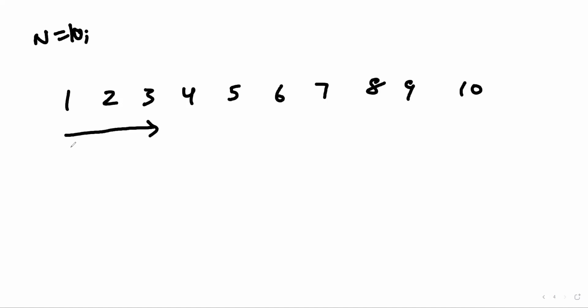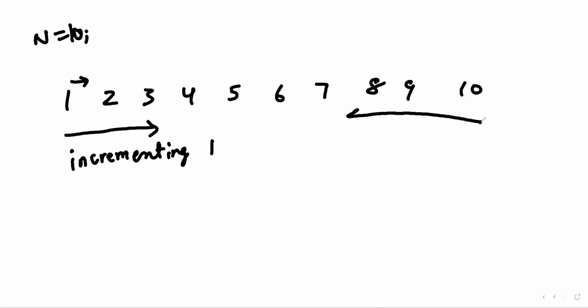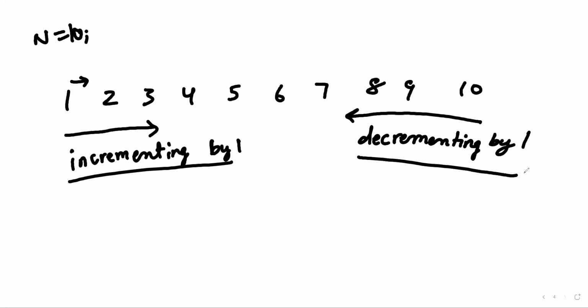Can you observe that if we start from the left side, we are incrementing by 1 in each step, 1 plus 1? And similarly, if we go from the right, we are decrementing by 1. This is a pretty simple observation, right?